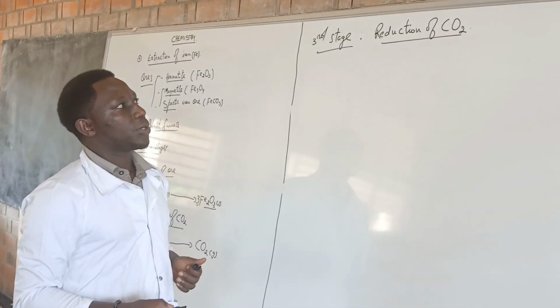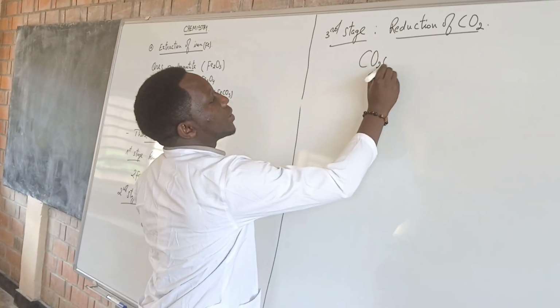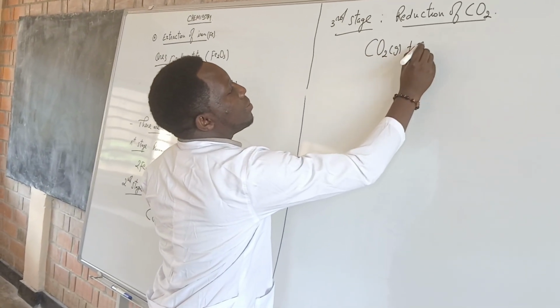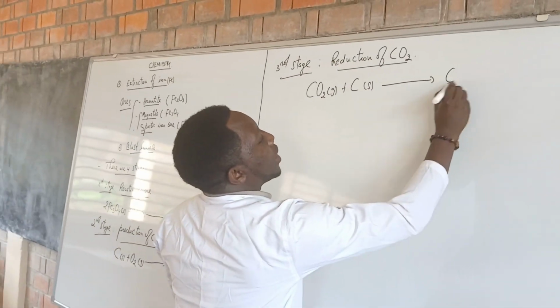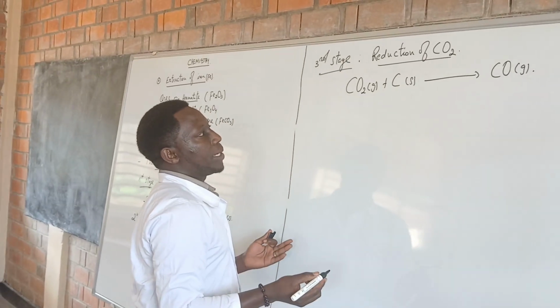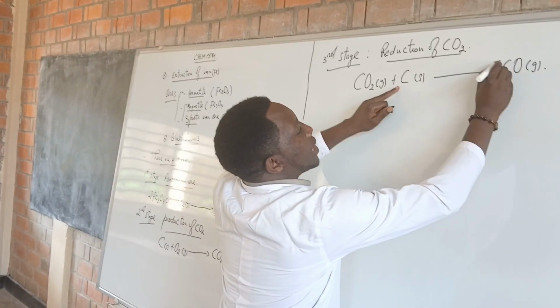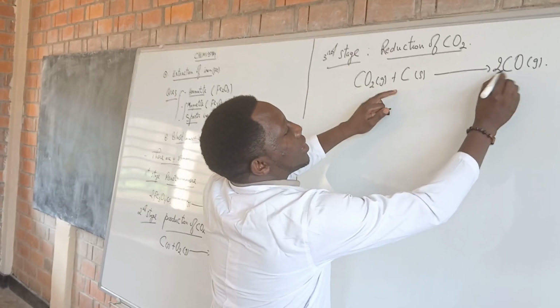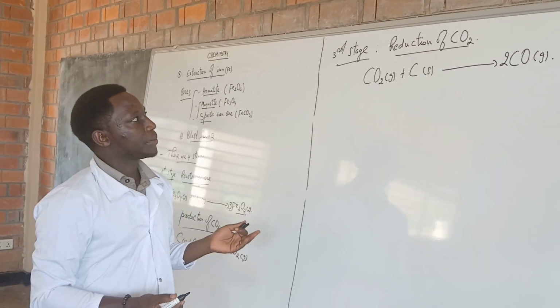This reaction is called reduction. When carbon dioxide is reduced by coke, this produces carbon monoxide gas. And remember, we have to balance. Here I have 2 carbons, that's why I have to put 2 here. This is the 2 oxygen, and here we have 2 oxygen.